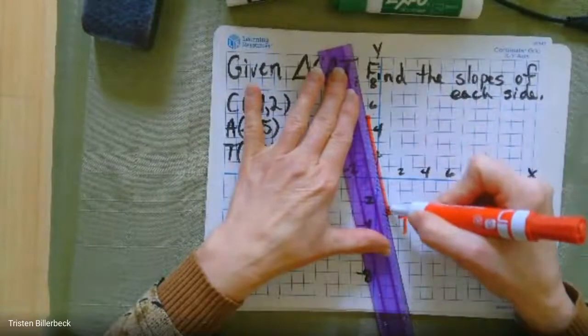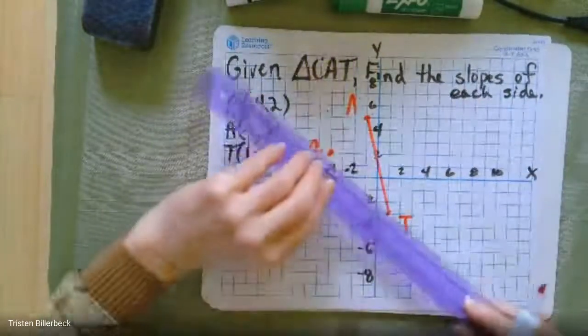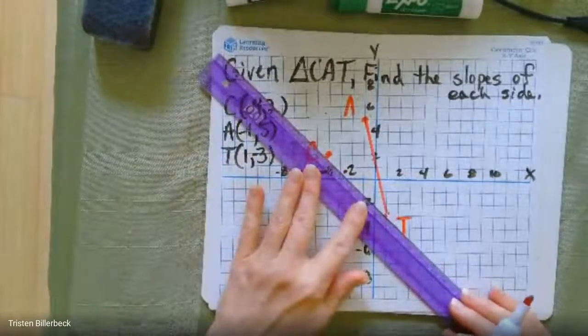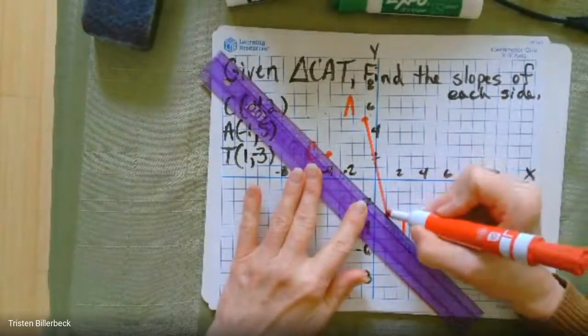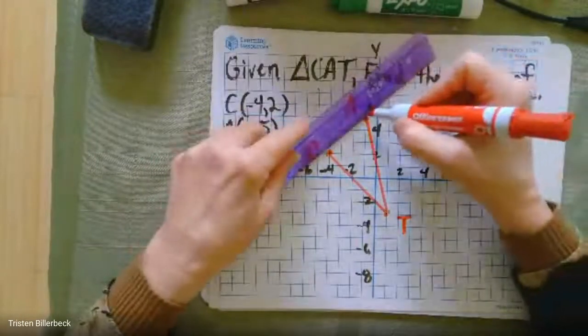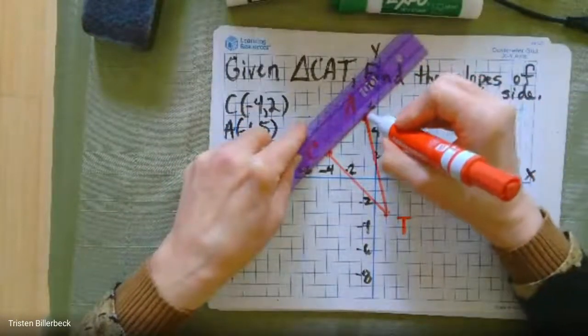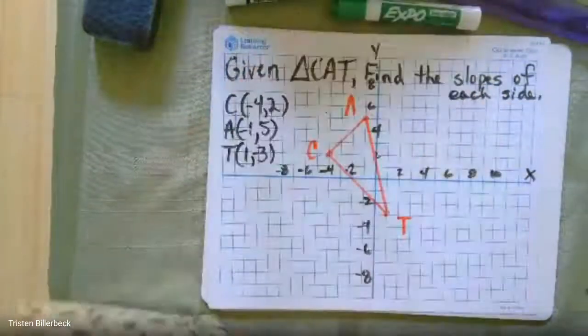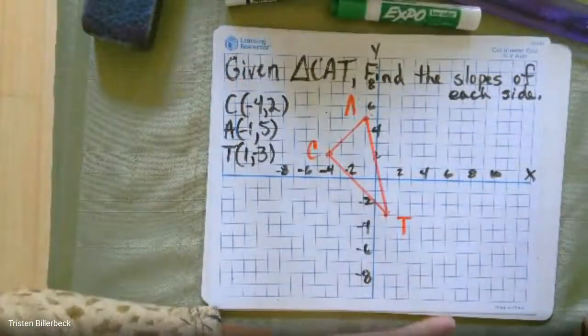So we're going to draw a triangle here. Triangle here. And another triangle here. So we want to find the slopes of these triangles.